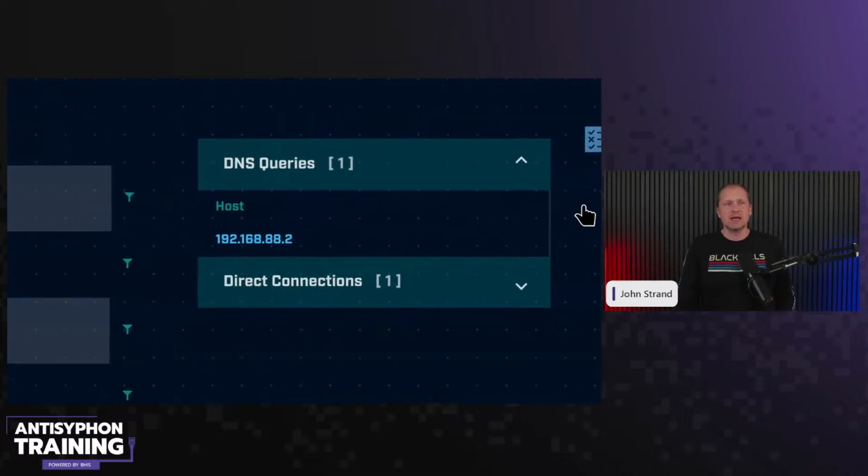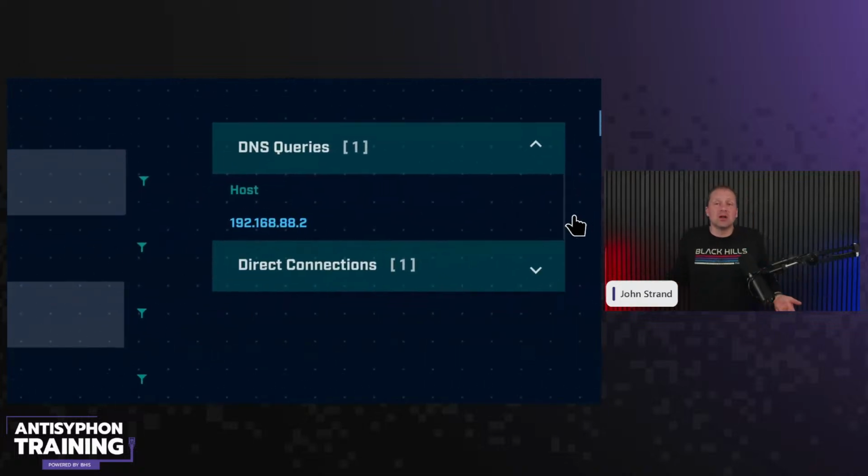Okay, well, let's look at that. Only one system's making all of those queries. So one system is making over 60,000 individual fully qualified domain name lookups, 108,000 total queries. But that in and of itself is not a smoking gun. It's not. And the reason why is it may be possible that this organization's domain controller is 192.168.88.2.